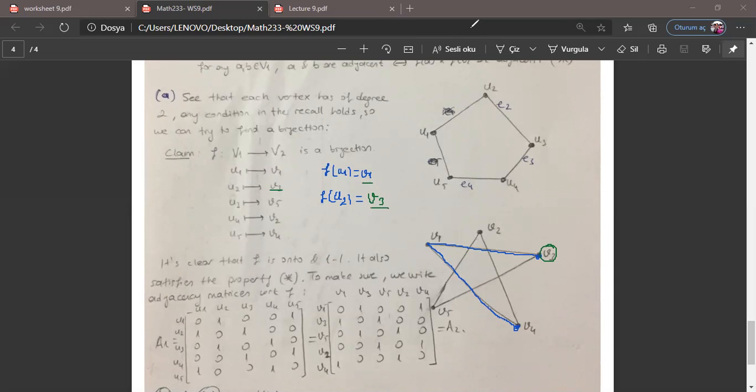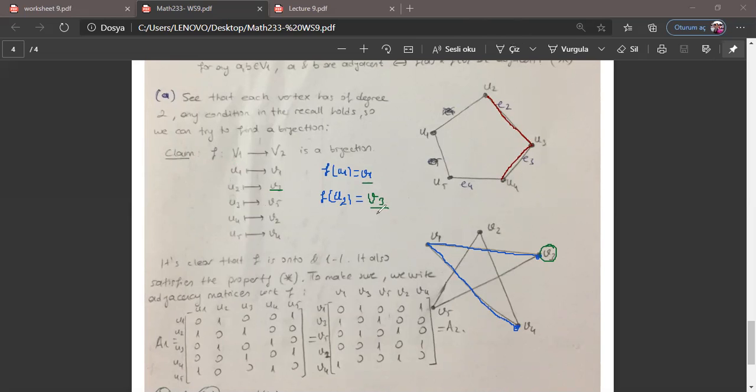Now what do we do? We will choose a vertex from here for U3. Then we need to check the vertices that are neighbors of U2. So U2 is connected with them, U3 and U4.